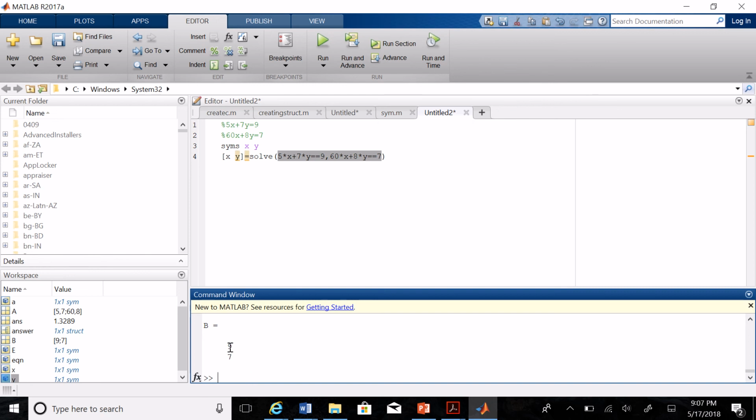So that's my B, 9, 7. Now the final answer for x and y is A backslash B. So as you see, it gives you the answer. So there's another way of solving two equations with two unknowns.